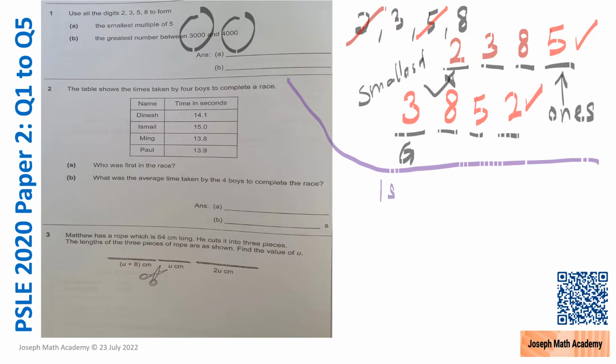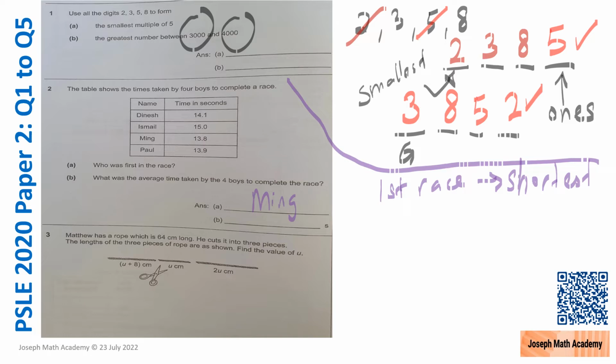To be first in the race, the person must have completed the race using the shortest time. The shortest time. So the person using the shortest time is none other than Ming. So A is done. It's extremely easy.